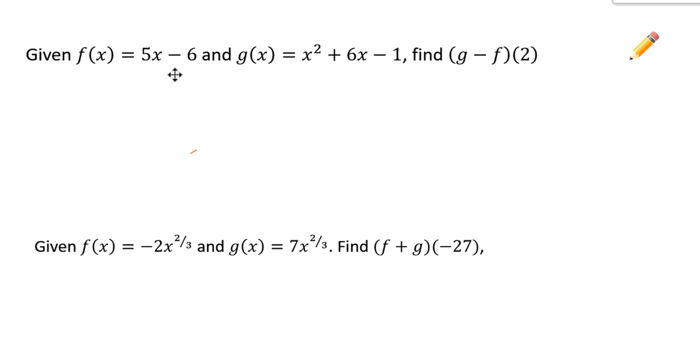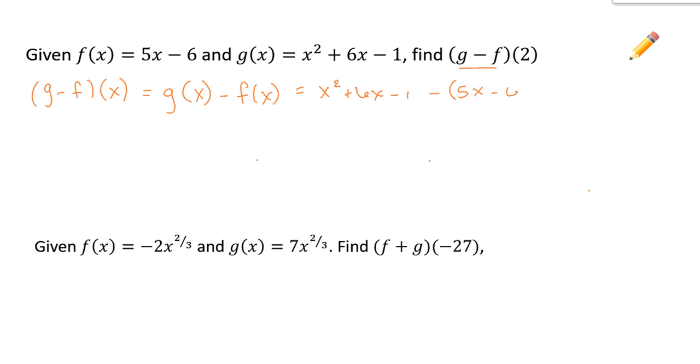Okay, f of x equals this, g of x equals that. Find g minus f of 2. So we are finding g minus f of x, which is g of x minus f of x, which will be, see, g is listed first, so this time it's x squared plus 6x minus 1 minus f of x, distributing through.